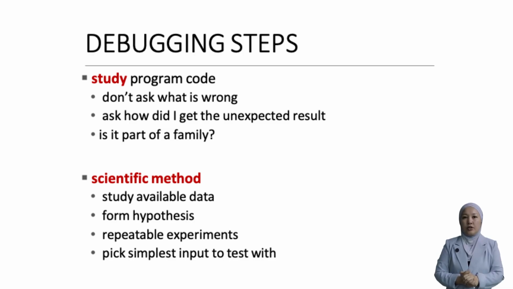First, study all available data: error messages, printed variable values, and program outputs. Second, form a specific testable hypothesis. For example, I hypothesize that the loop index i is exceeding the list length by 1. Third, design and run a repeatable experiment to test this hypothesis, ideally using the simplest possible input that reproduces the bug. Finally, analyze the results, refine your hypothesis, and repeat.